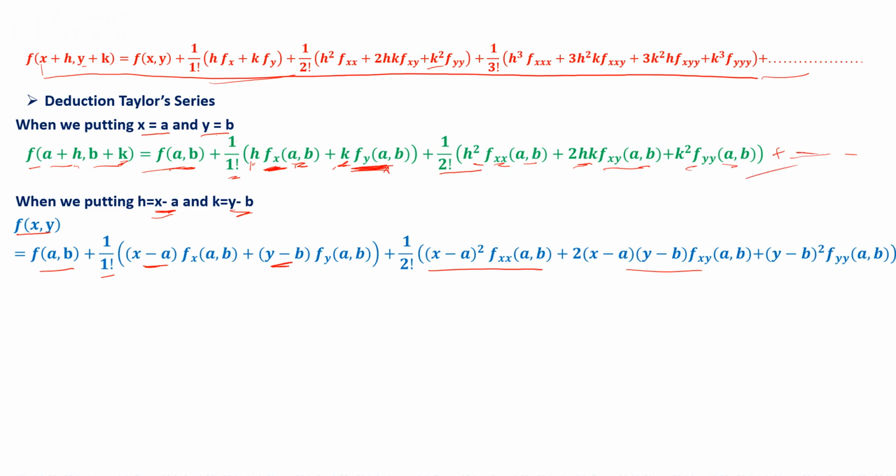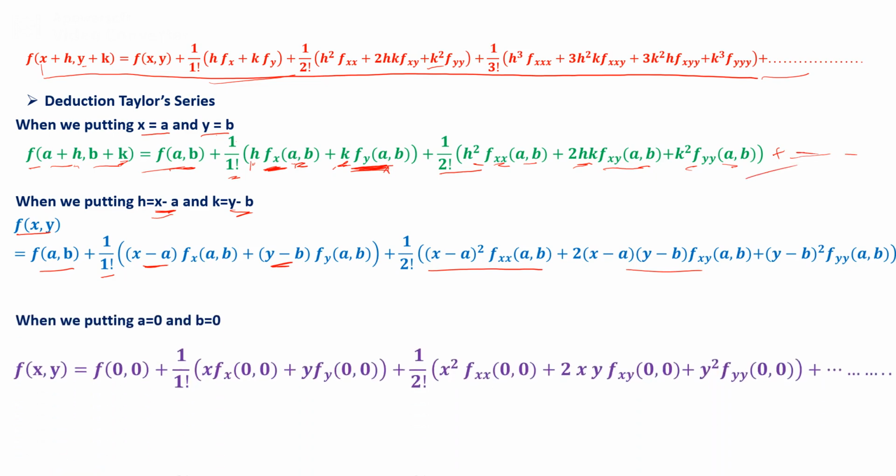The third deduction, when we replace a with 0 and b with 0, so what we get? f(x, y) is equal to f(0, 0), the function at 0, plus 1 upon factorial 1 x into f_x(0, 0). What it means? Here it means the partial derivative of a function with respect to x at origin, or say at (0, 0).